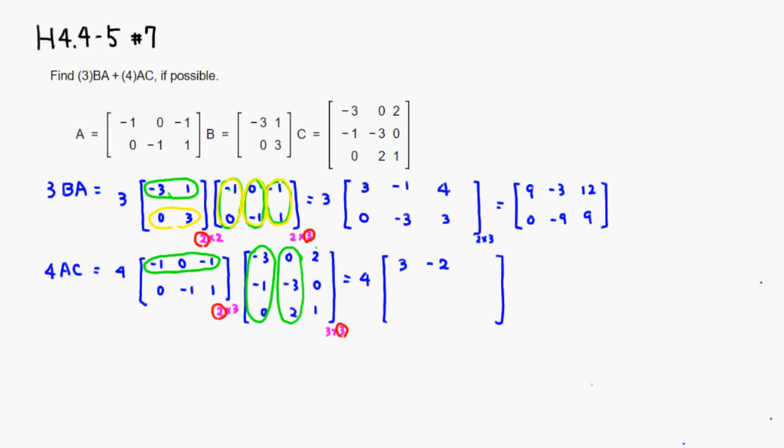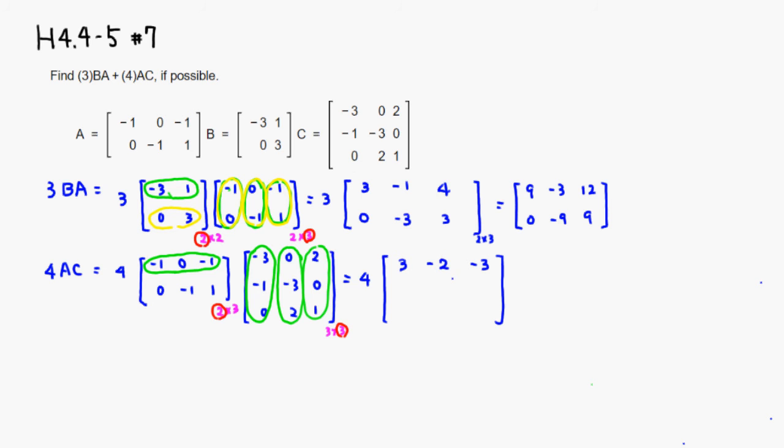And first row times the third column: negative 1 times positive 2 is negative 2, plus 0 times 0 is 0, plus negative 1 times 1 is negative 1, so negative 2 plus 0 plus negative 1 is negative 3.